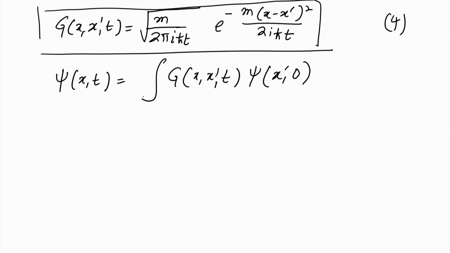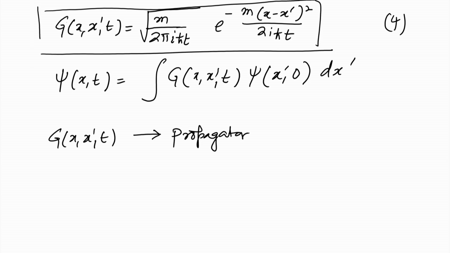So, for a given problem, that is a free particle in a continuum, g x x prime t denotes the propagator. So, g is the propagator, and we also know how to link it to the Green's function.